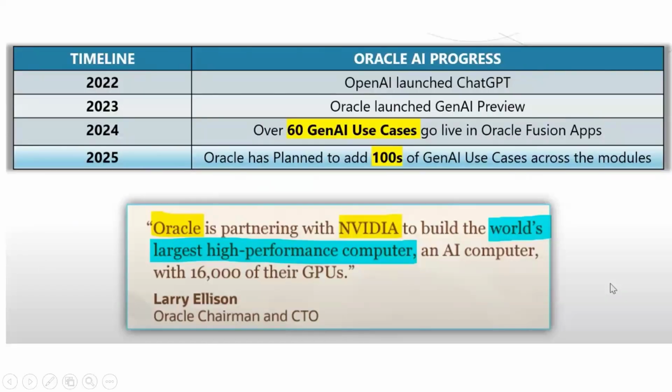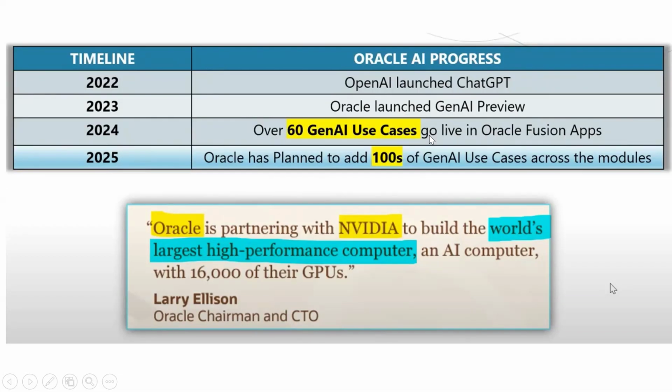Let me show you an example here. These all show how aggressively Oracle is going in the AI part, partnering with NVIDIA, because NVIDIA is going to provide a very good system for executing these AI agents and all here. Okay, so over 60 Gen AI use cases are there in Oracle Fusion.